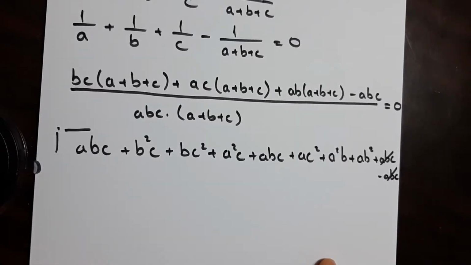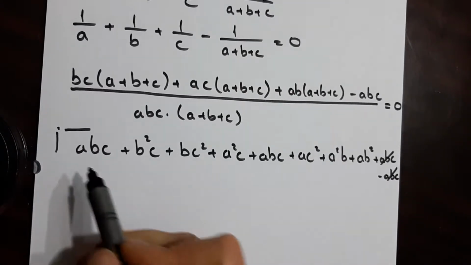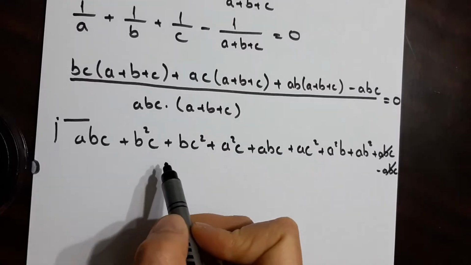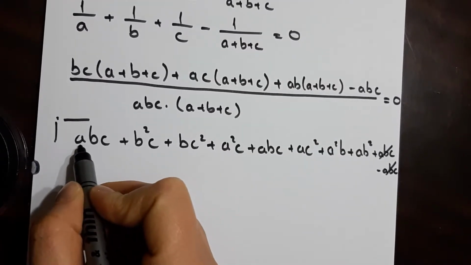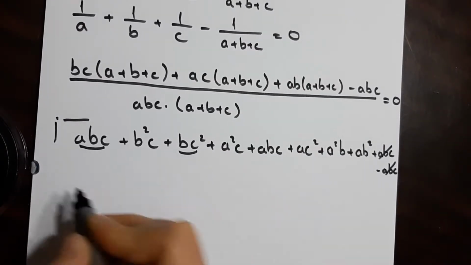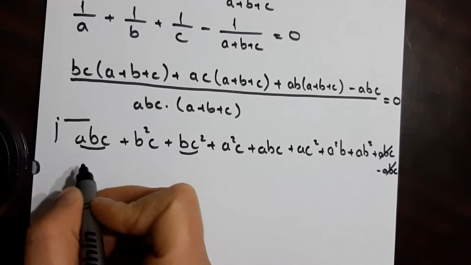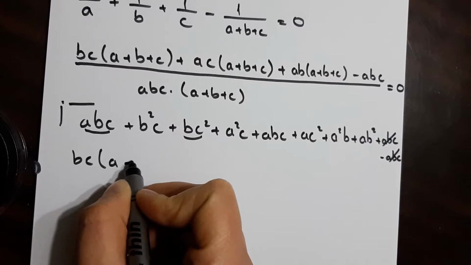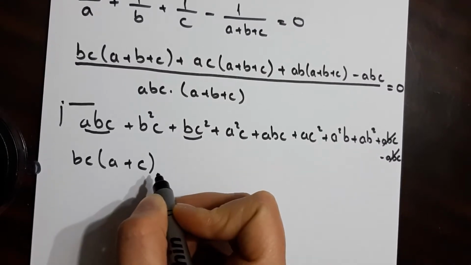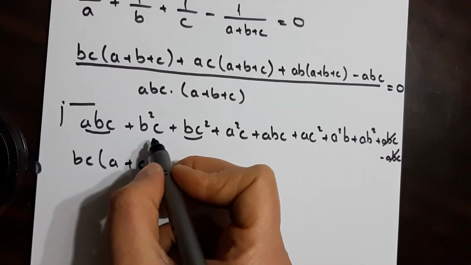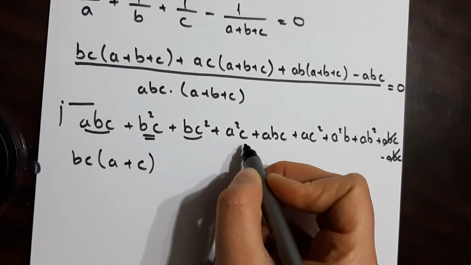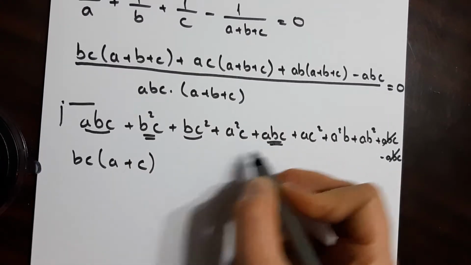Now I will make some groups here and find the same terms. Firstly, I will take abc and bc square. So what is the common term here? It is bc. So I will have a plus c from here. Then I will take b square c and abc here.